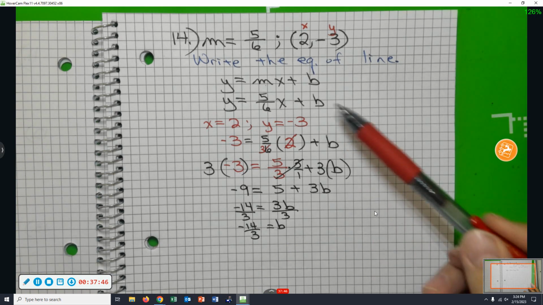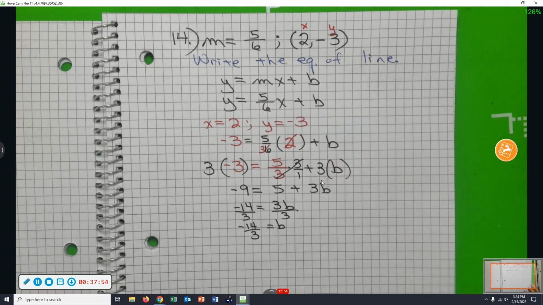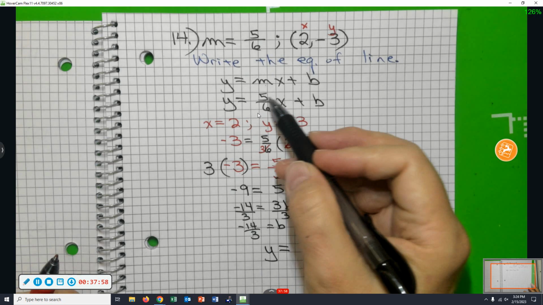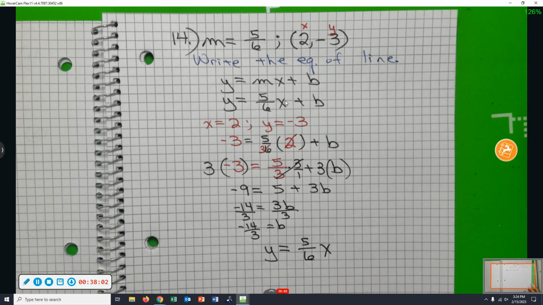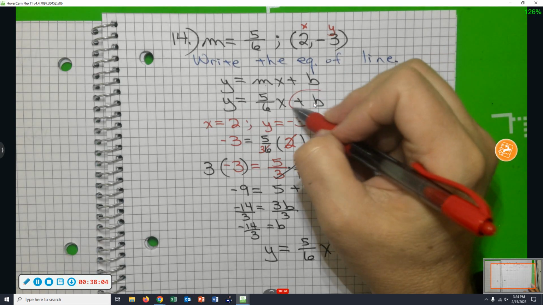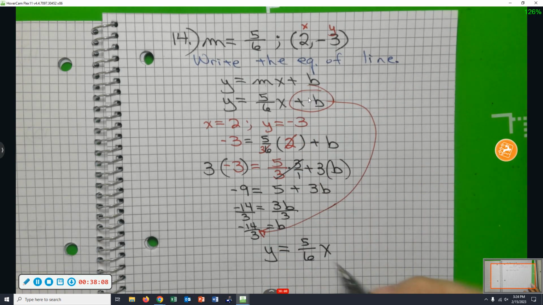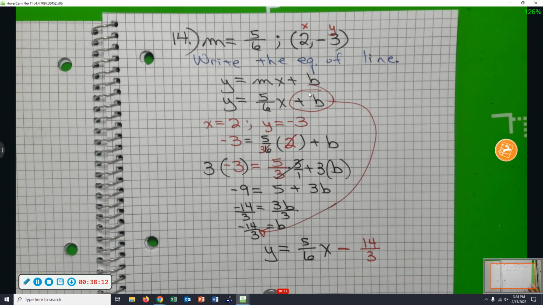So, in place of that plus b, what are we going to write? Here's our final answer: y equals 5/6 x, and in place of that plus b, we're going to have a minus 14 thirds.